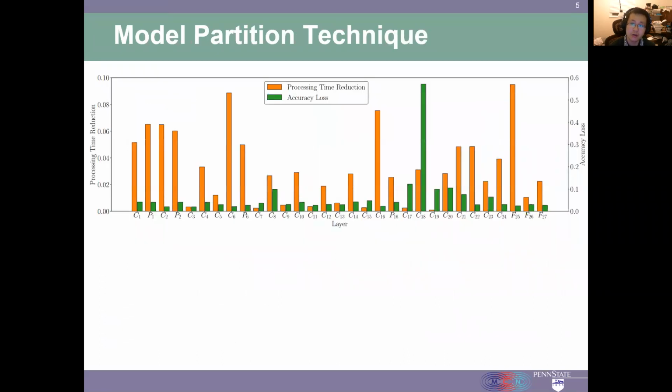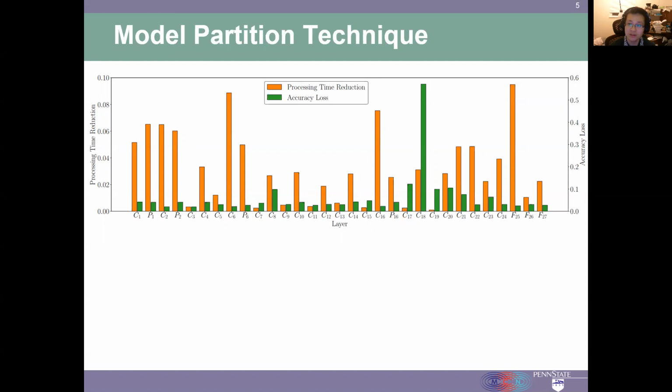To address this accuracy loss problem, we propose to use the model partition technique, which means that we run some layers on the CPU to maintain the accuracy while running other layers on the NPU to reduce the processing time. Processing time reduction and accuracy loss are the 2 important factors in model partition.